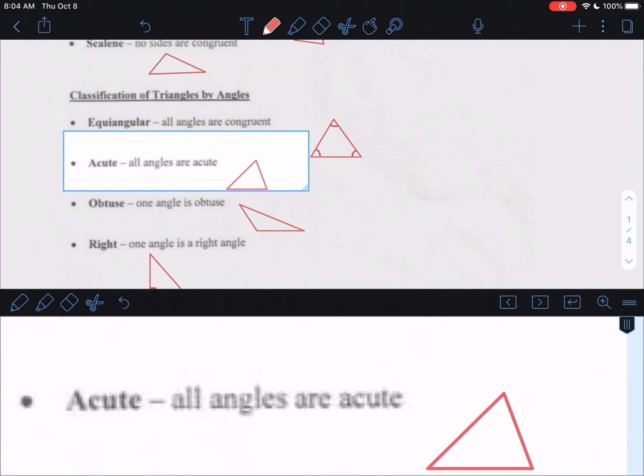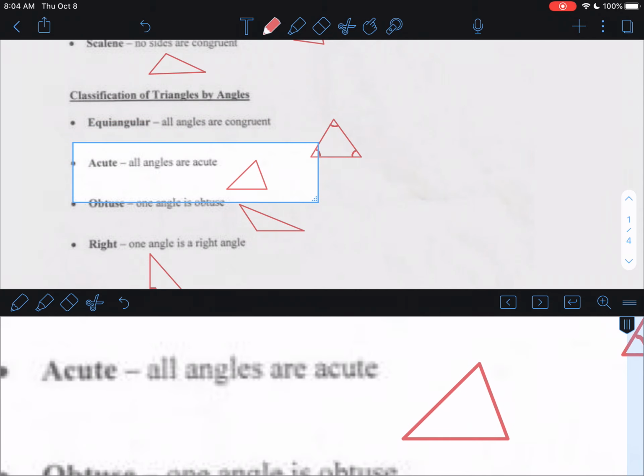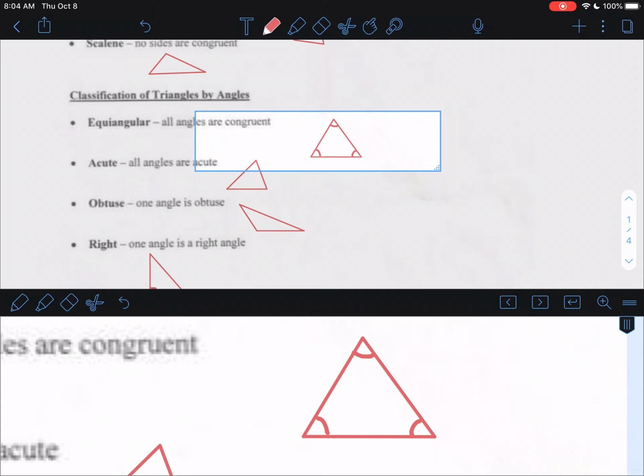So as I was saying, up here, an acute triangle is going to have all angles acute. But if I look at an equiangular triangle, it's always going to look pretty much exactly like this. There's no way I can make it with different sized angles and still have them all be the same measure, because then it wouldn't look like a triangle.